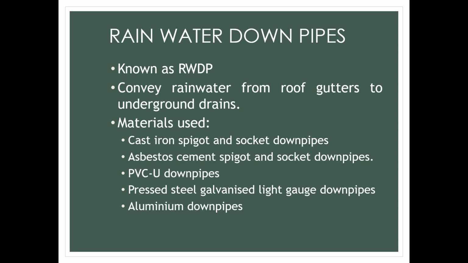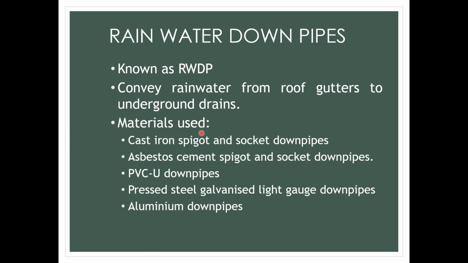Next is rainwater downpipes, which is known as RWDP. It is provided to convey rainwater from roof gutters to underground drains. So when the rainwater falls from the roof, it goes to the gutters, and then goes down to the underground drainage.